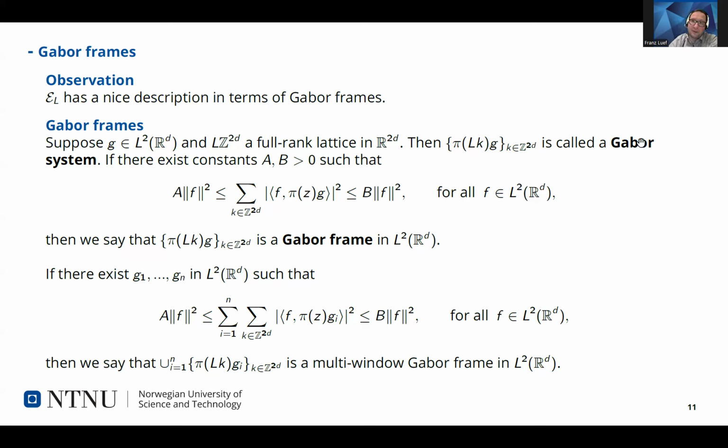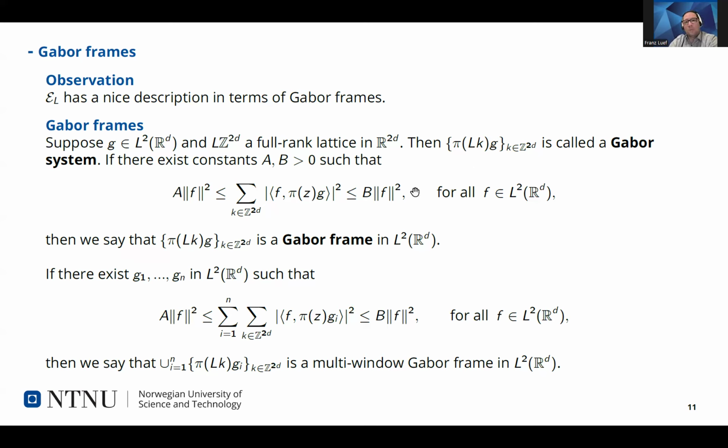The first who studied this kind of system was Dennis Gabor in 46, where he picked the Gaussian and for L the standard matrix, the identity matrix. So he looked at the integer lattice, and he tried to convince people that this is a nice system. But the problem is that it is not a Gabor frame, and that's why it doesn't have the nice properties that he anticipated it has.